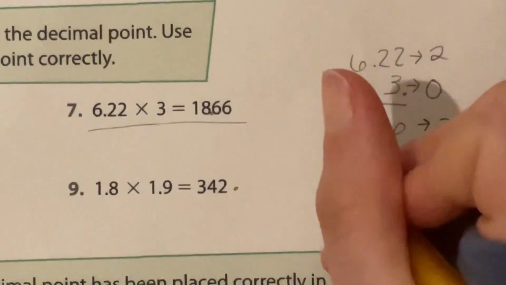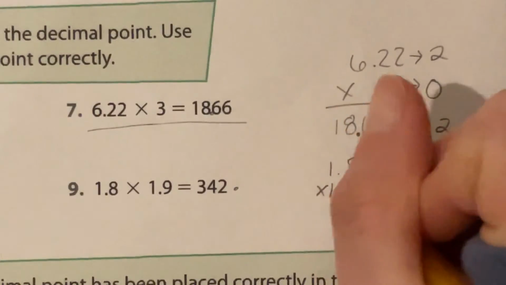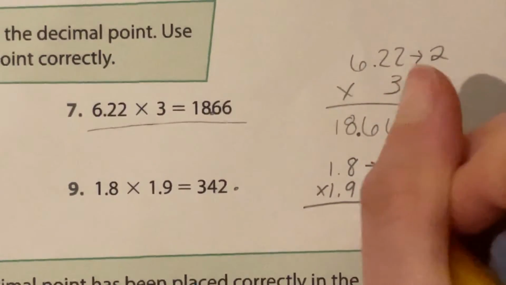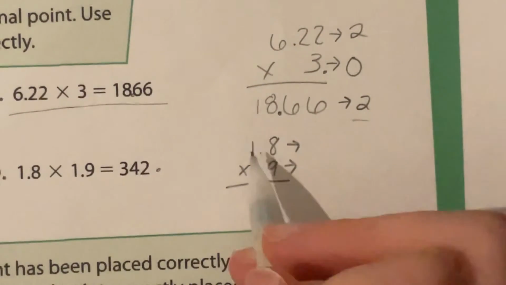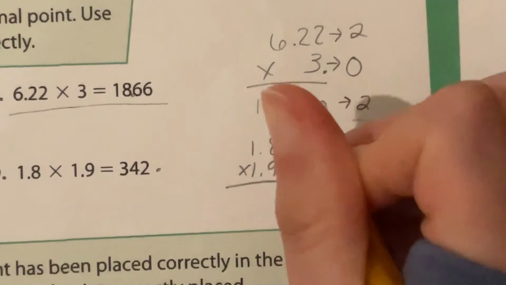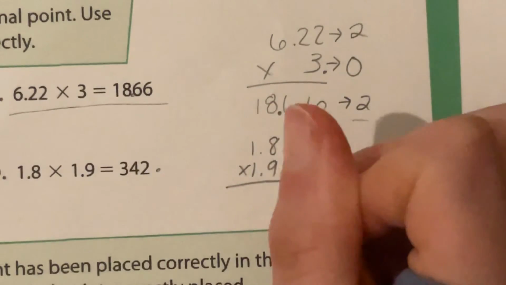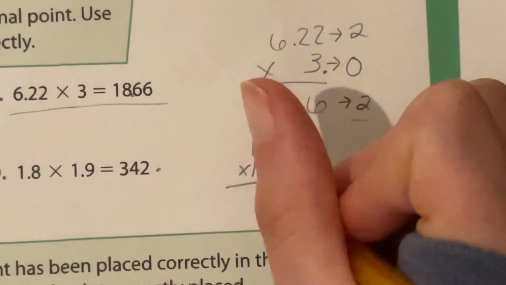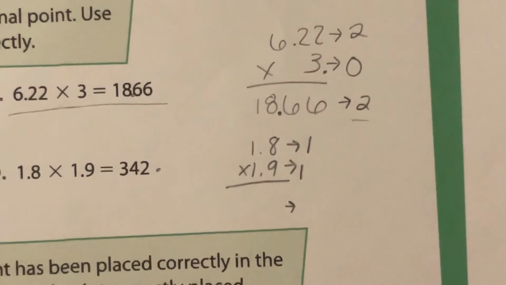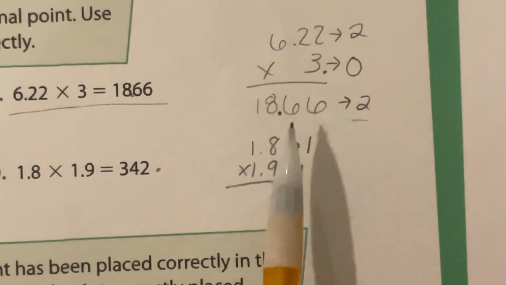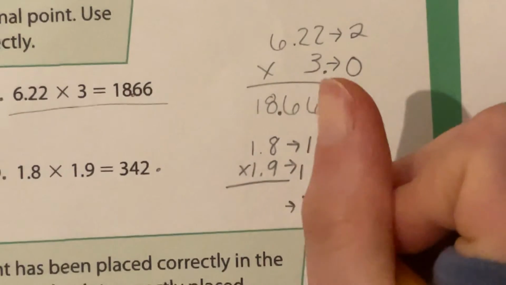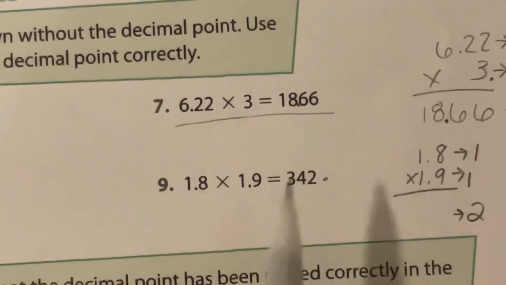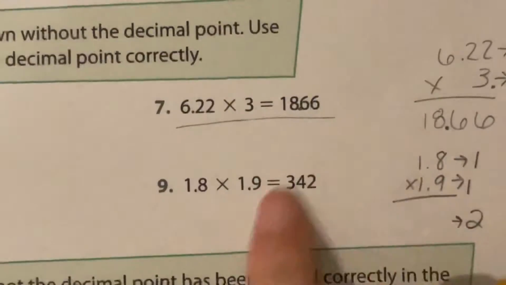Because if I was to write out 1.8 times 1.9 and do my arrows like I'm supposed to, I have 1 digit to the right of the decimal point and 1 digit to the right of the decimal point. So I know that for my answer, how many digits should be to the right of the decimal point? 1 plus 1 equals 2. So I know that this is not correct. I need to put my decimal point in the right spot.